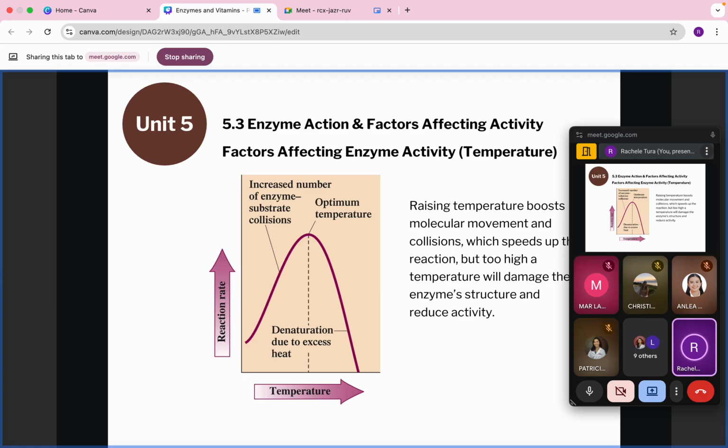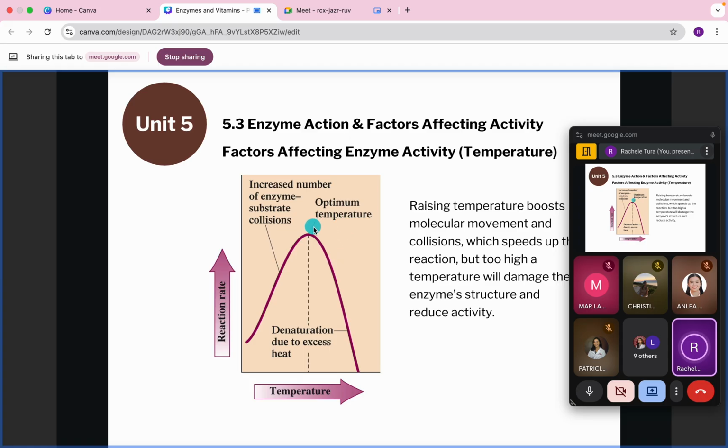That means the enzymes have more opportunity to bind with the substrate, and the reaction is faster. As you can see in the graph, we have the optimum temperature and the increased number of enzyme-substrate collisions. That's why it's increasing on this side of the graph.